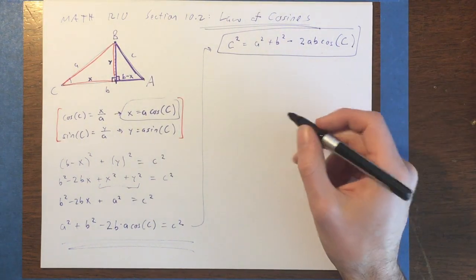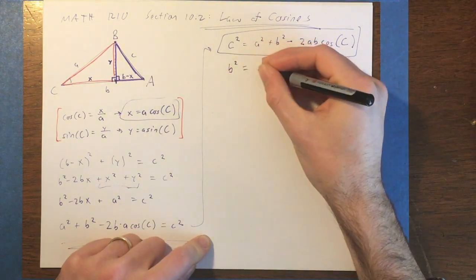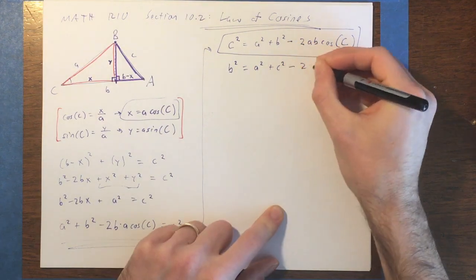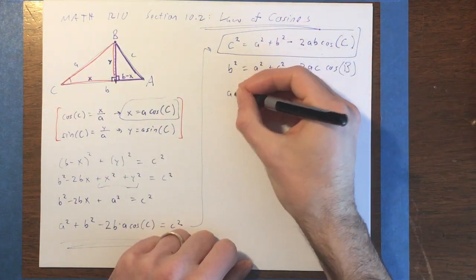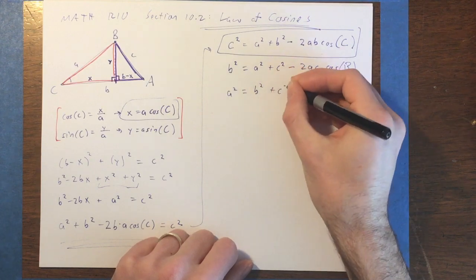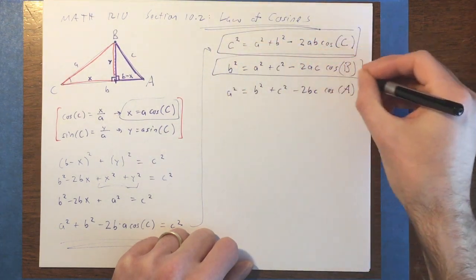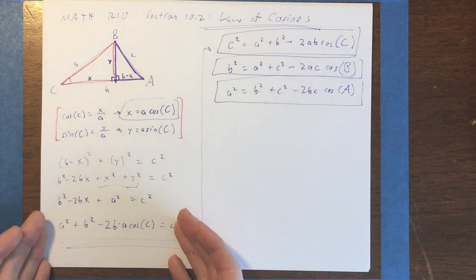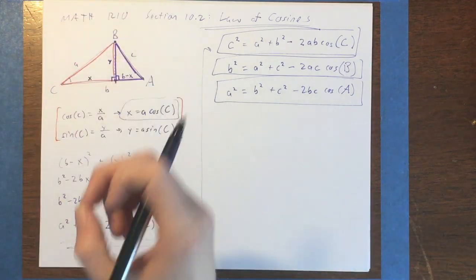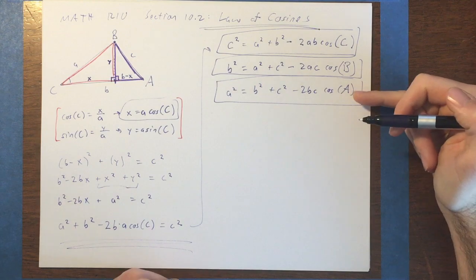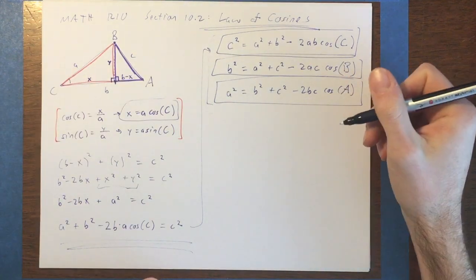We could rearrange this: in terms of b, b squared equals a squared plus c squared minus 2ac times cosine of the angle opposite b, which is capital B. And in terms of a, a squared equals b squared plus c squared minus 2bc cosine of angle A. We could rotate the triangle and use a different altitude each time to get all three versions by similar reasoning. These are all different versions of the same law, the law of cosines.